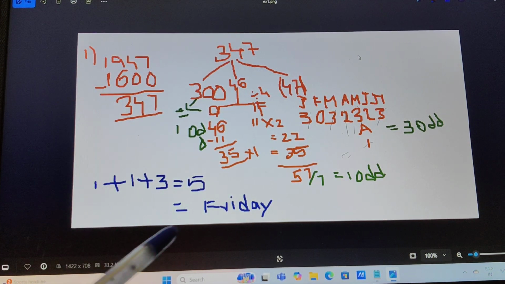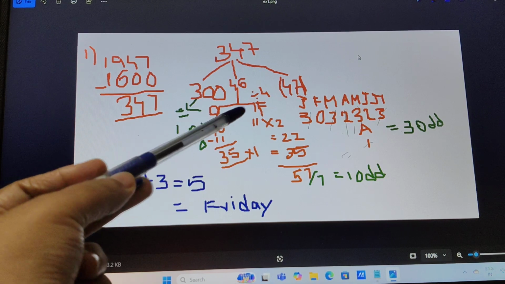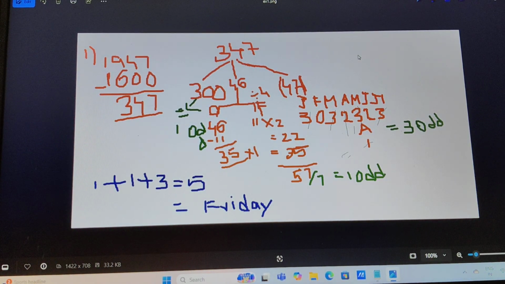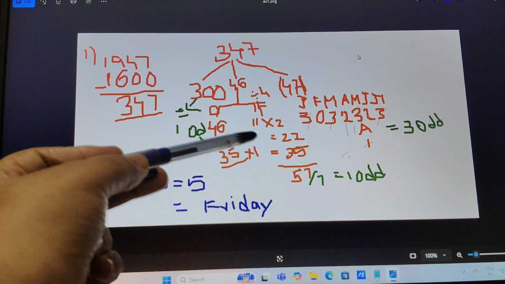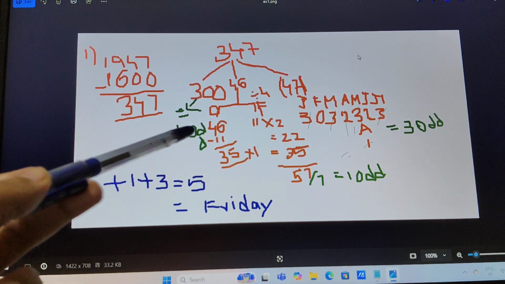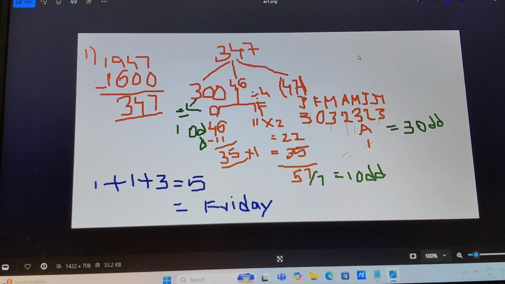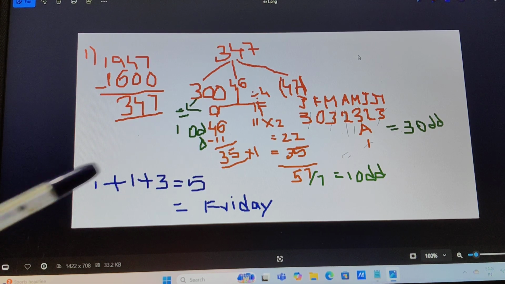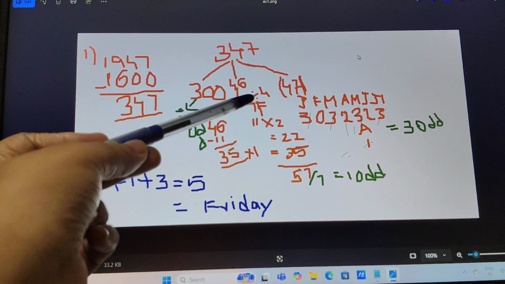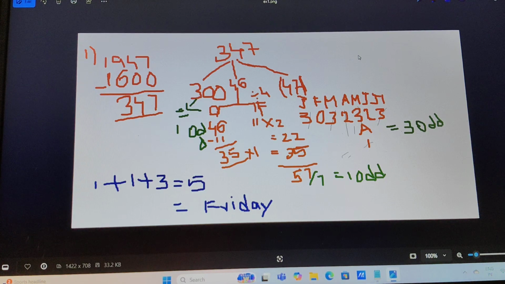In a similar way, for 46 years, we need to find the remaining odd days. In 46, how many normal years are there and how many leap years are there? Leap years mean the extra days. By dividing 46 by 4, we get 11 leap years, which get cancelled.